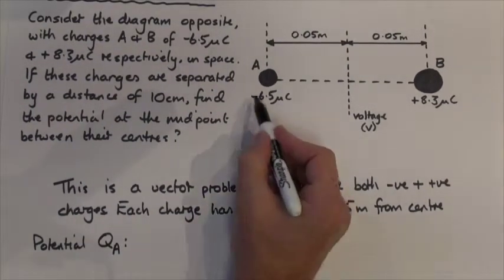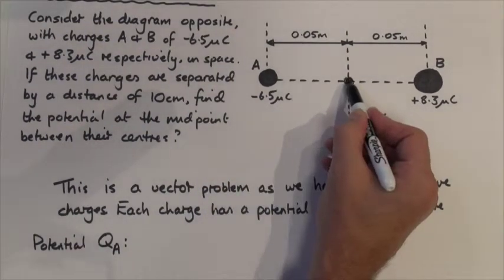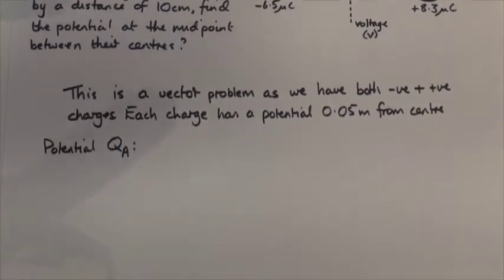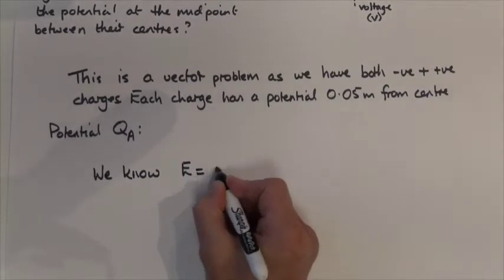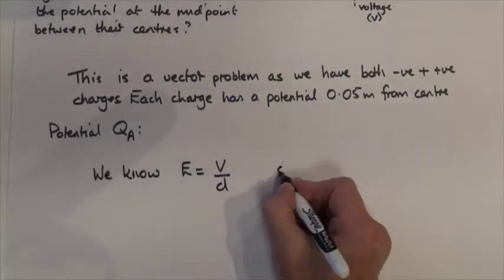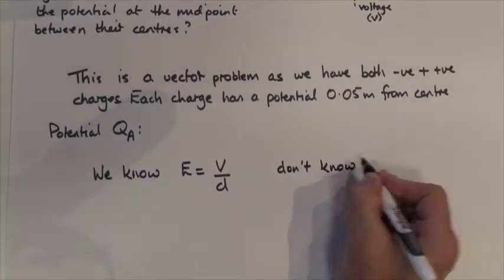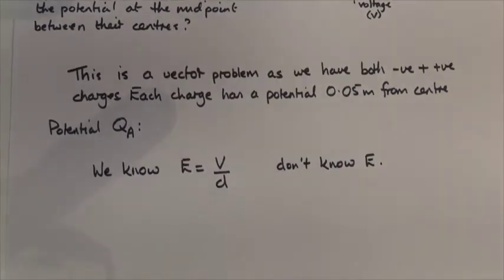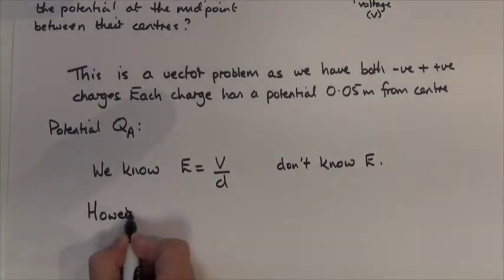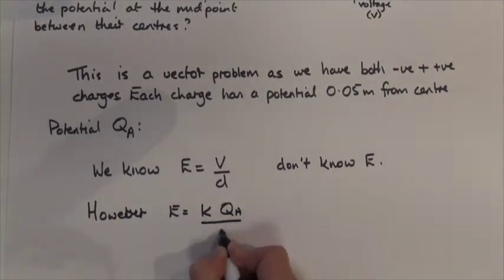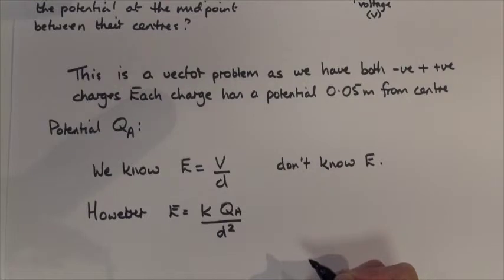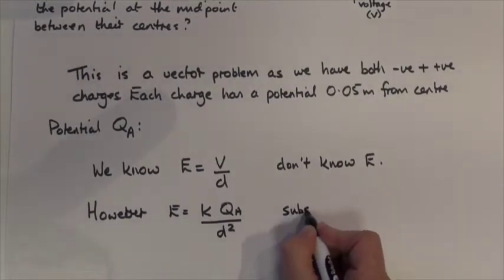Let's work out the potential for QA. Now I know it's negative 6.5 microcoulombs acting 0.05 meters away. What we know as an equation is E, the electric field strength, equals the voltage over the distance. But we don't know E. However, we do know that E can be calculated using K, which is our constant, times QA over the distance squared.